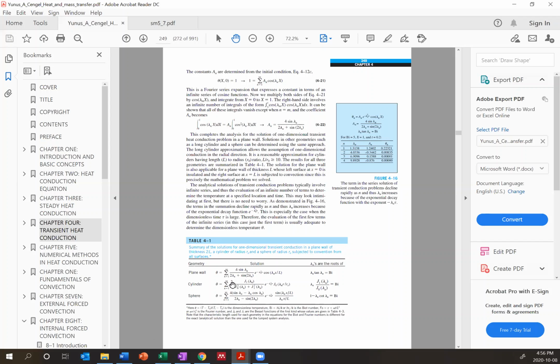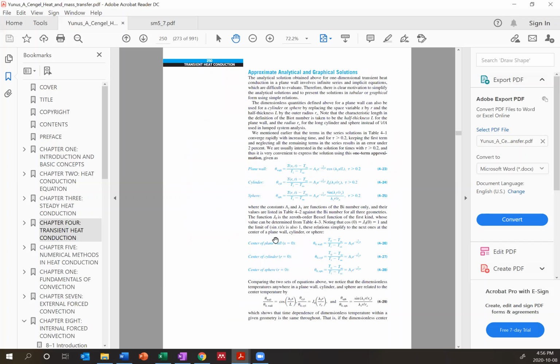So n equals 1, n equals 2, and this helps you narrow in on the correct solution. But we have these simpler versions for if our time constant is greater than 0.2. That means we're able to essentially do one iteration. It's very quick and easy. And so usually the trick is we assume that it is that, we do this one iteration, and then we check it afterwards, and then we can determine our answer.